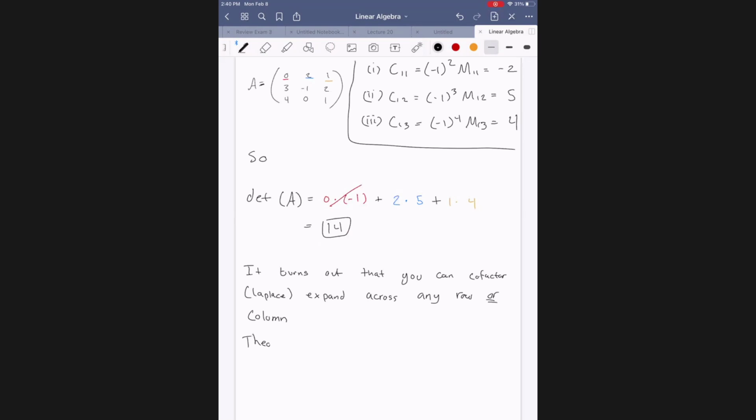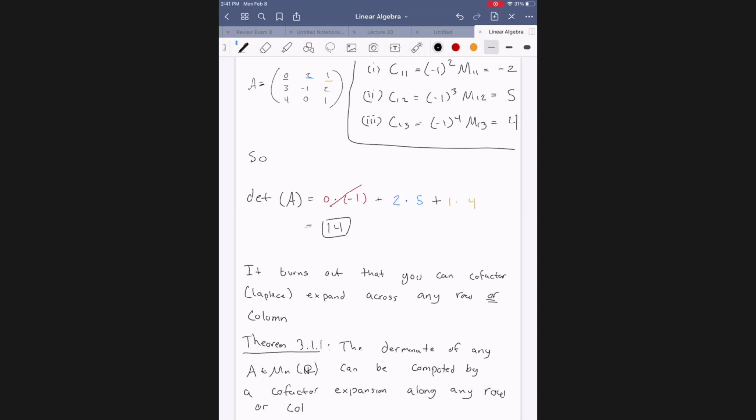Theorem 3.1: the determinant of any square matrix can be computed by a cofactor expansion along any row or column.